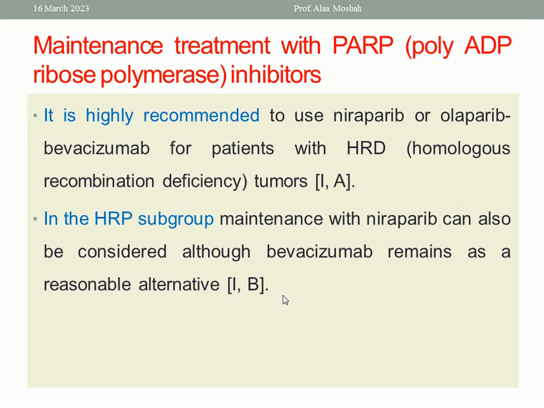In the HRD subgroup, maintenance with niraparib can also be considered, although bevacizumab remains a reasonable alternative. So in this specific subgroup, niraparib can be considered for maintenance treatment, but at the same time you can use an alternative, which is bevacizumab.